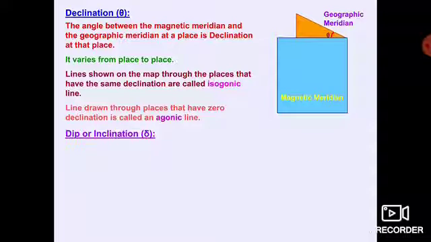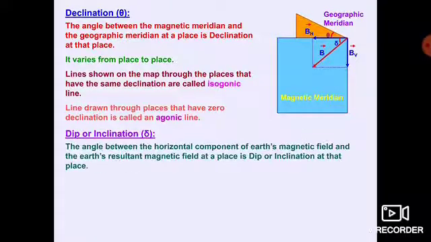Dip or inclination, delta. There is a magnetic field B, with a horizontal component BH of Earth's magnetic field and a vertical component BV.